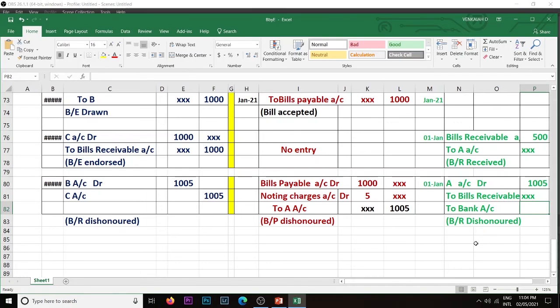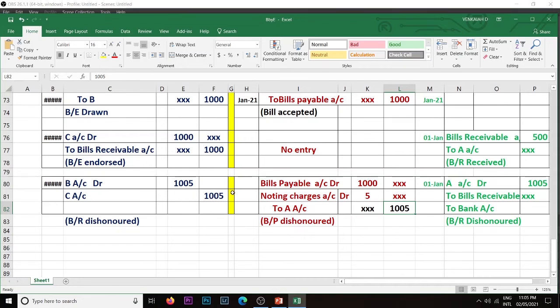Now, the bill is dishonored by B. He has to bear the noting charges amount. So, bills payable account debit, noting charges account debit. Total his due to A is 1005 because of dishonor.